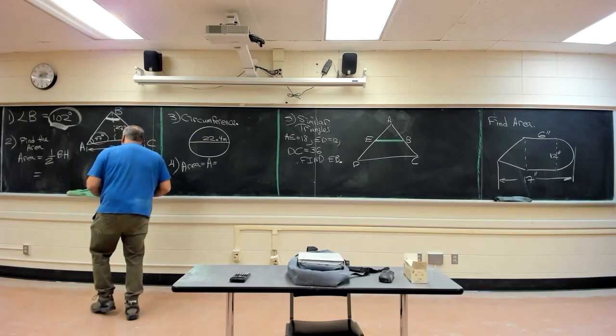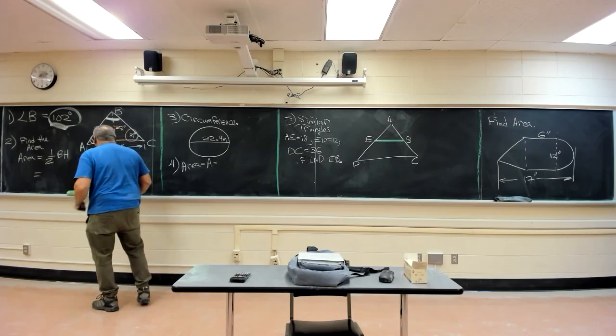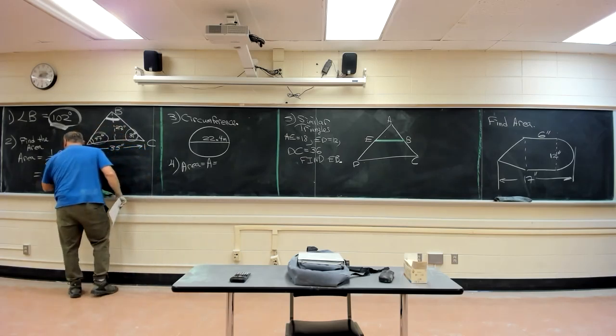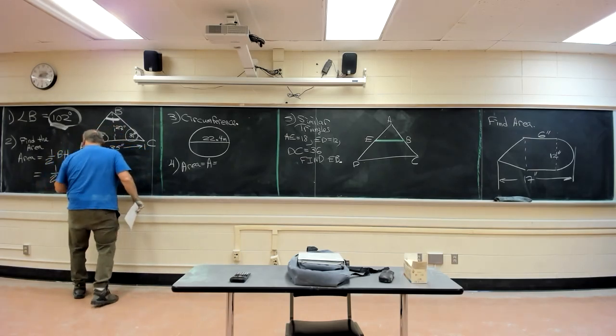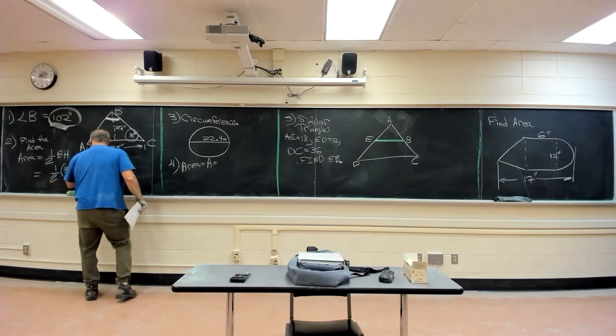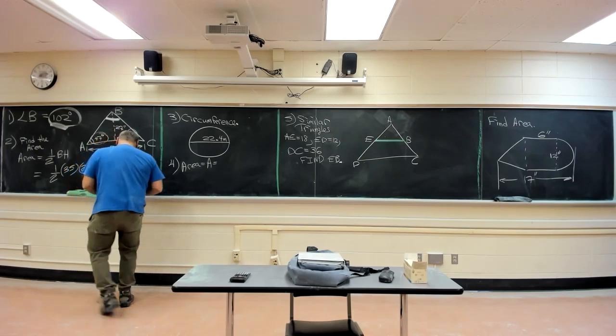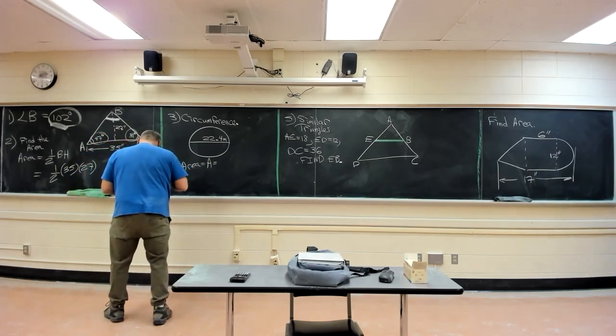Well, this is half of a parallelogram, so it's 1/2 base times height. The base is 35 inches, and the height is 27. They're not really specifying to what degree of accuracy you're going, so just multiply them out and get what you're going to get.